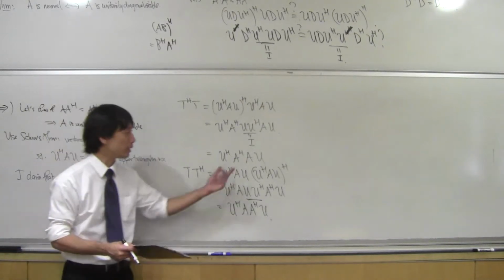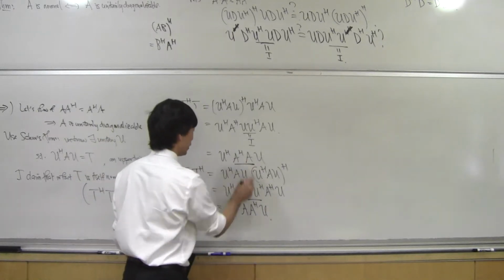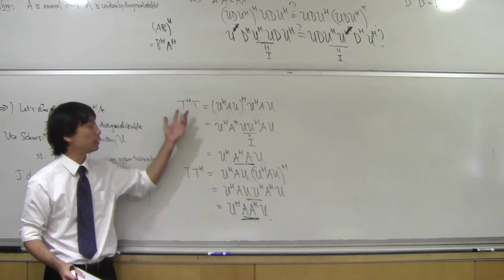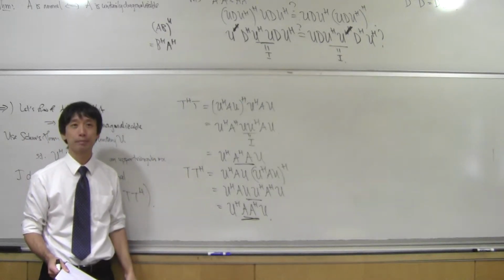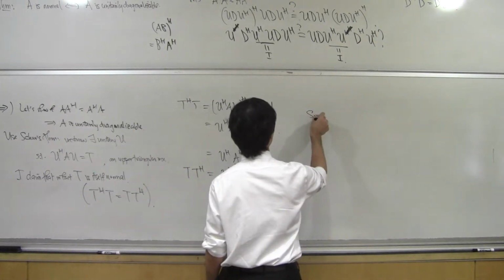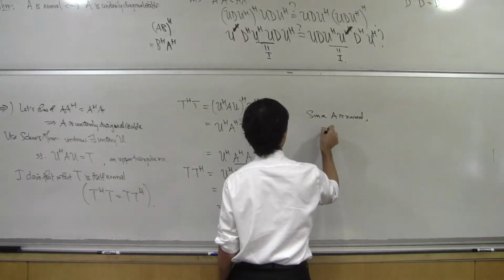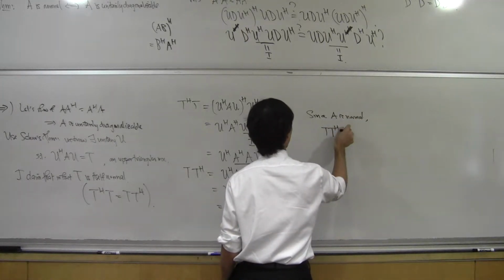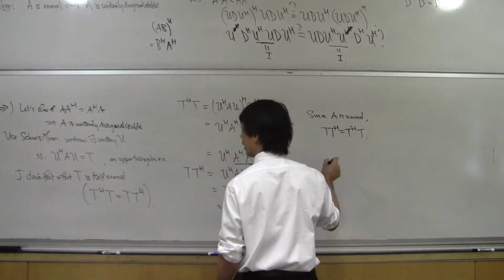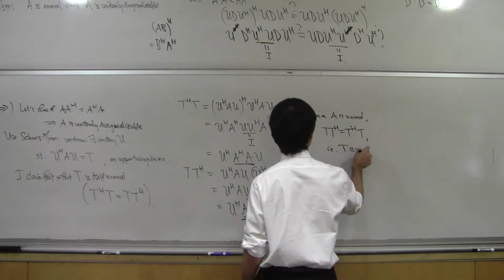Sure, because A is normal, A^H A and A A^H are the same thing. So you see that T T^H and T^H T are the same thing. So since A is normal, we see T T^H equals T^H T. Okay, so T is normal.